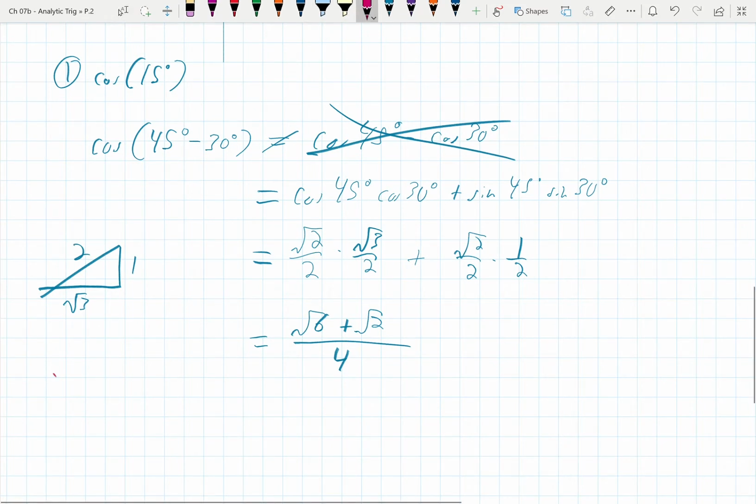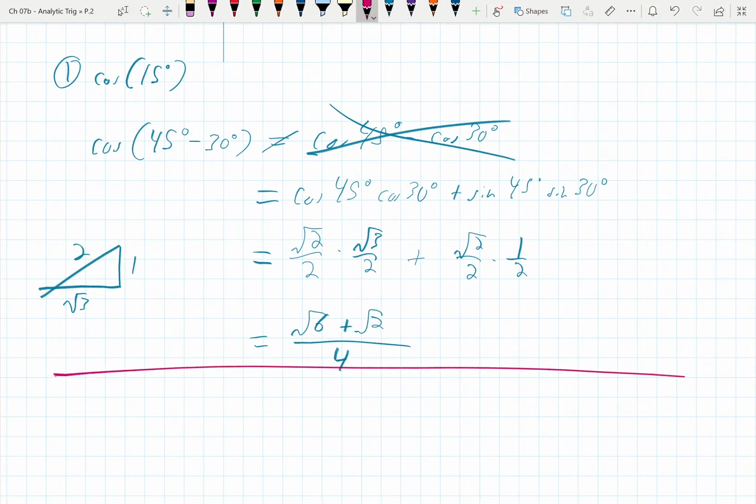Okay, little break line. Let's do the sum one. So we just said that the cosine of alpha minus beta is the cosine of alpha cosine of beta minus the sine of alpha times the sine of beta.